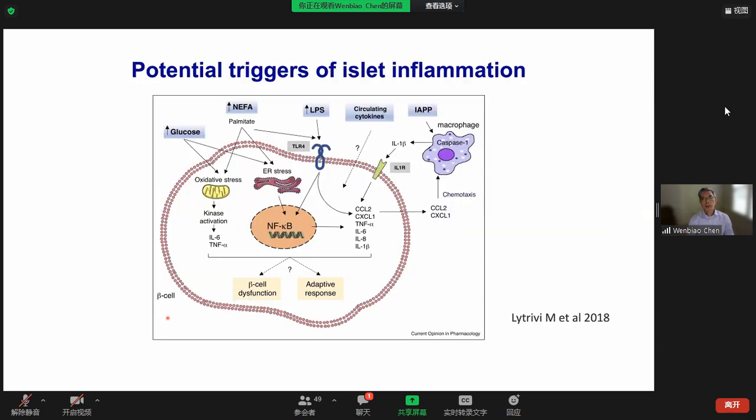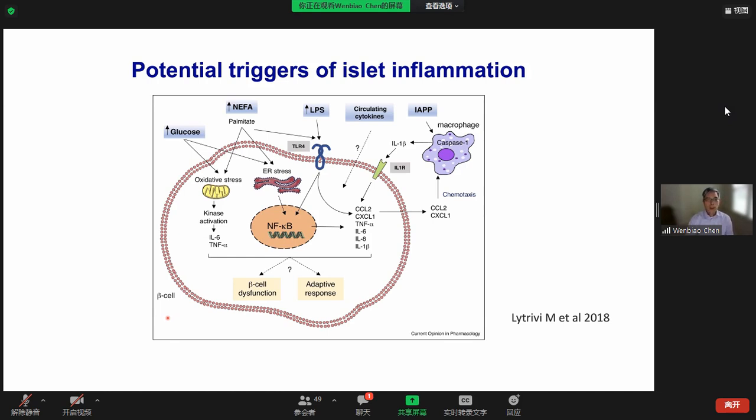In the proposed model, most people think that inflammation is initiated from resident macrophages, but there is also evidence, mostly in vitro, that under stress conditions, beta cells can also express inflammatory cytokines, which may also be responsible for initiating islet inflammation.